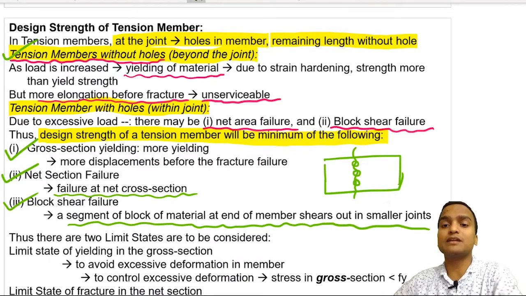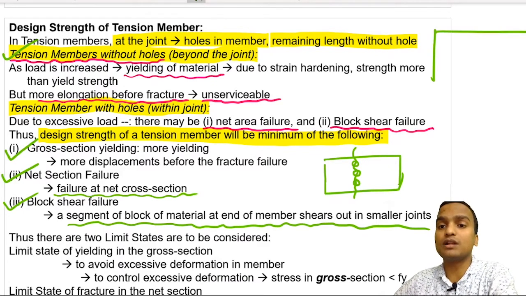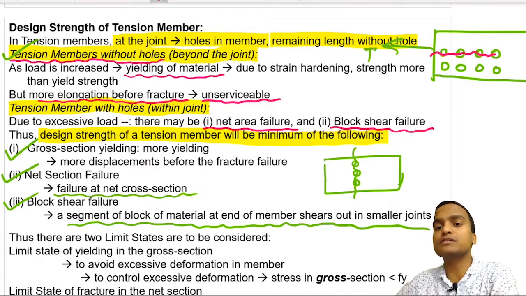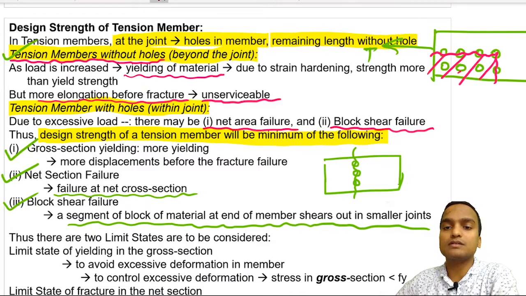So what happens if we have a joint like this, and we have provided a few holes here, and there are two rows of holes like this? What happens if we go on increasing the load T here? There is shear failure across these bolts and tensile failure across these two bolts, and consequently this block is separated out.